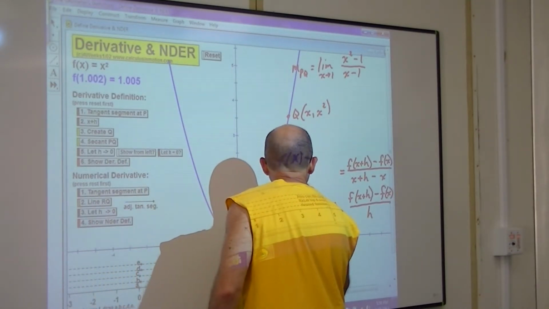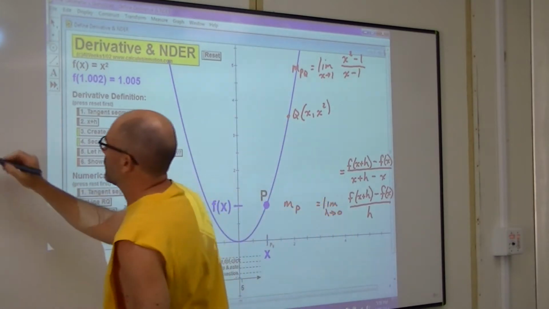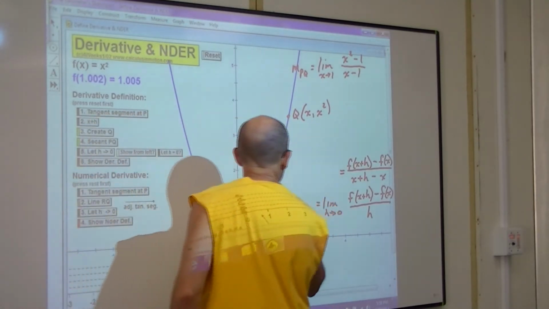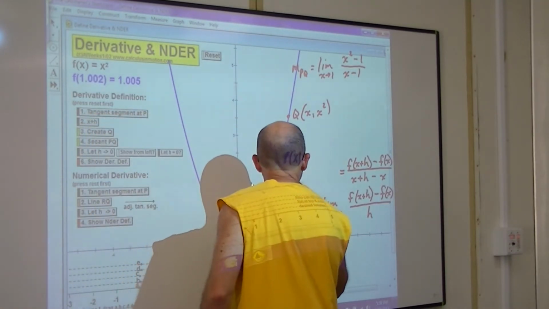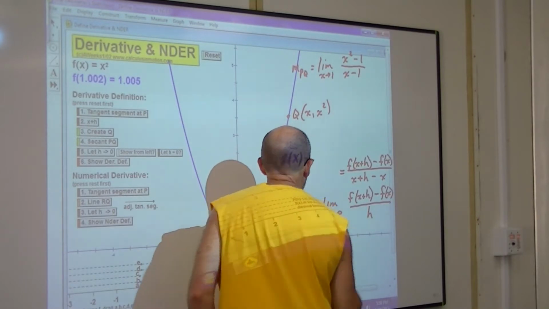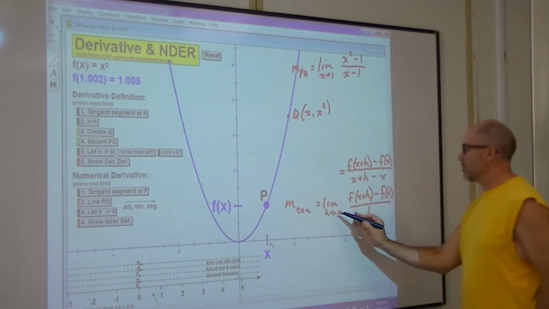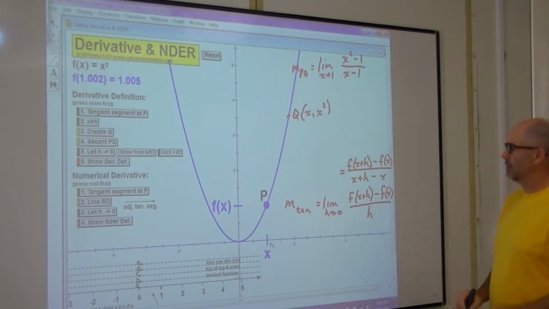The slope of the tangent equals the limit as h approaches 0 of f of x plus h minus f of x over h.